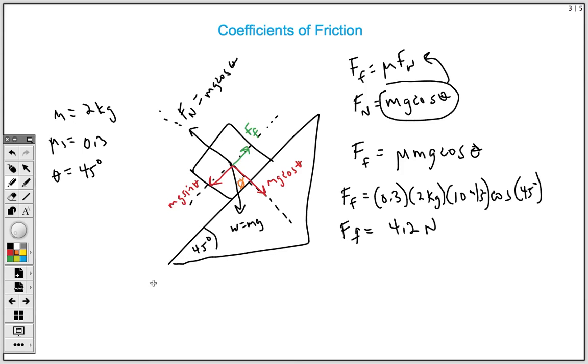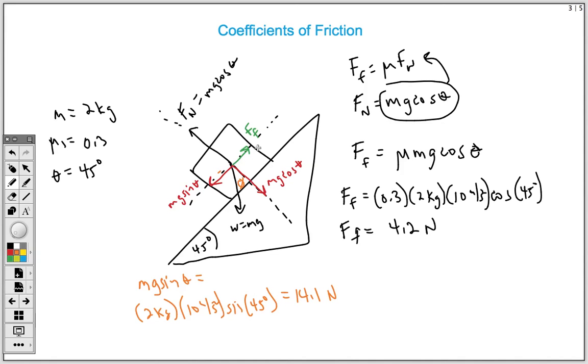So let's solve for mg sine theta. So we have 2 kilograms times gravity times the sine of 45. We end up with a value of 14.1 newtons. Okay. So we have 14.1 newtons downwards.